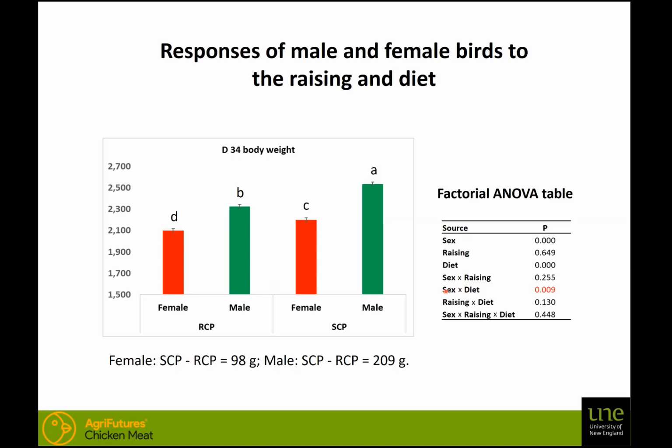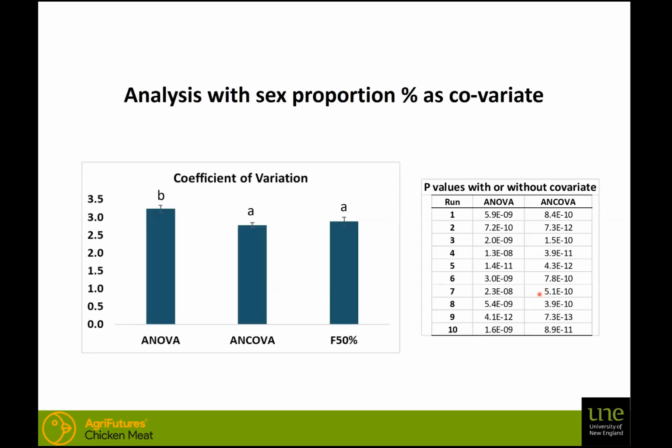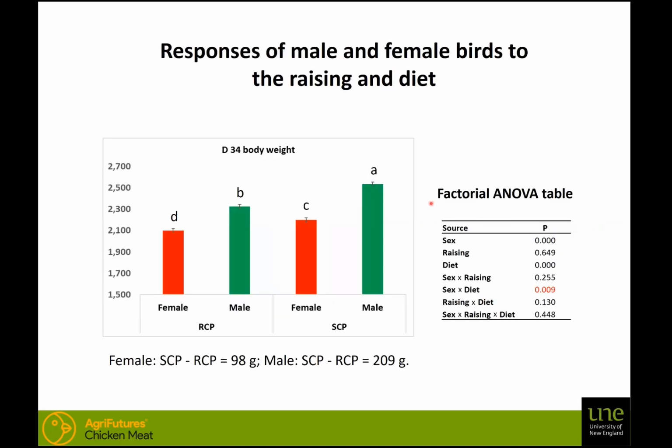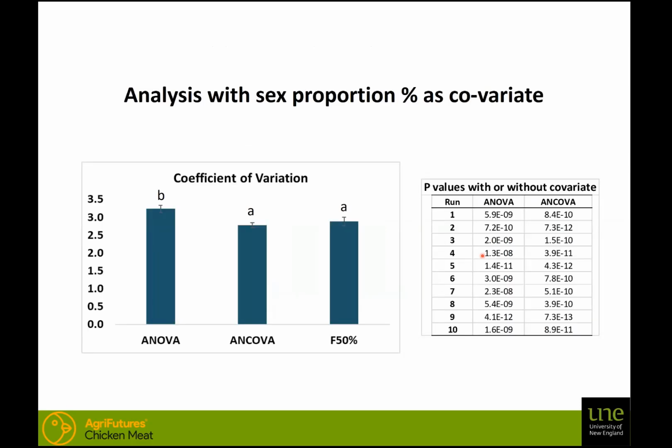Here, we only looked at the sex by diet interaction because it's significant. In terms of the analysis, I didn't mention that rearing system didn't have a significant effect. We can mix the male and female at different protein levels independently.